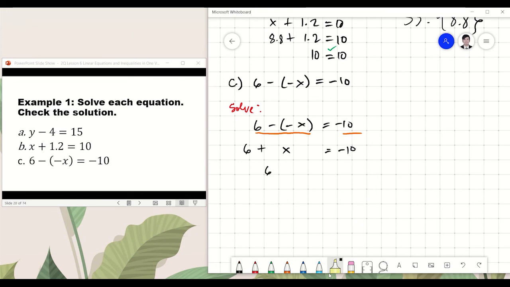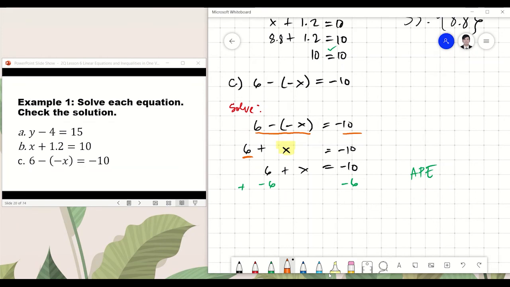So, i-isolate na natin yung x kasi positive na siya, tsaka x lang. So, mag-a-add tayo ng negative 6 sa both sides. Bakit tayo gumagamit ng APE or nag-a-add ng numero sa both sides? Kasi yung gusto natin, matanggal yung entire term na 6.